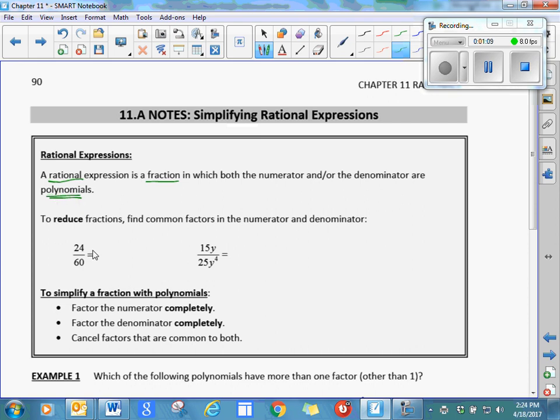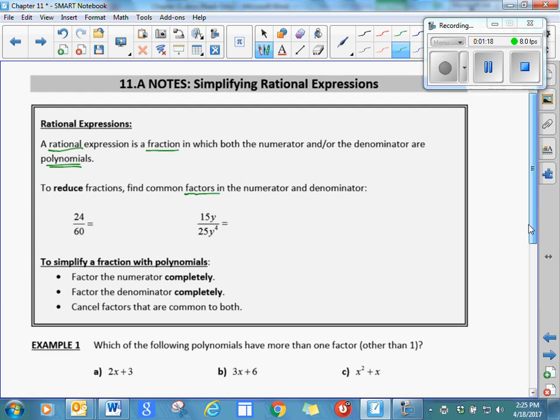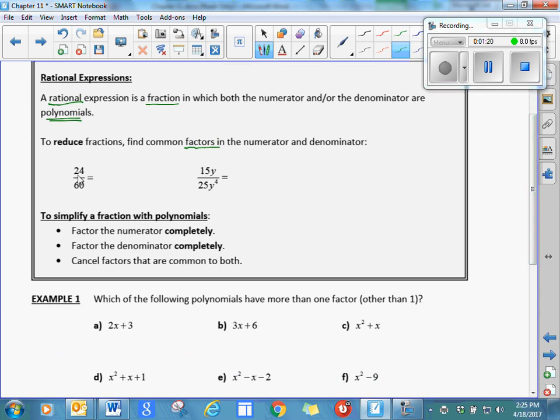So just as a little review, when we are trying to reduce fractions, we are looking for common factors. So we're going to kind of make a multiplication problem out of this numerator and denominator and see if we can cancel a common factor. So I can think of 24 as 6 times 4, and I can think of 60 as 6 times 10.